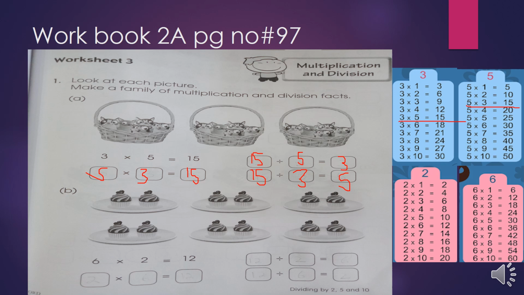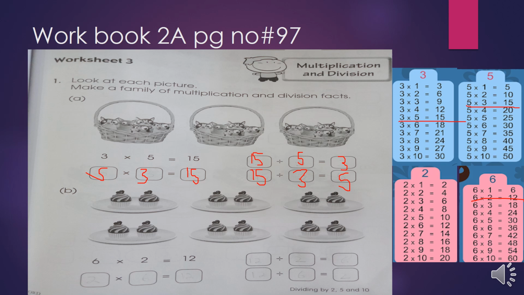So, if we have to make a division sentence, how will we make it? So 6 2s are 12. Can you see in this table 6 2s are 12? Okay.